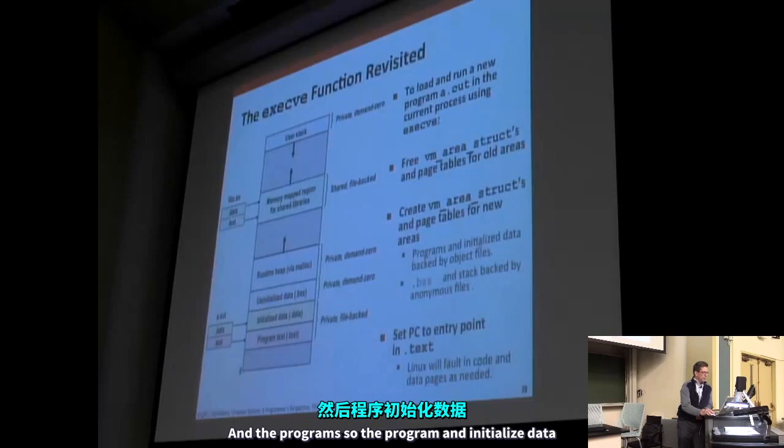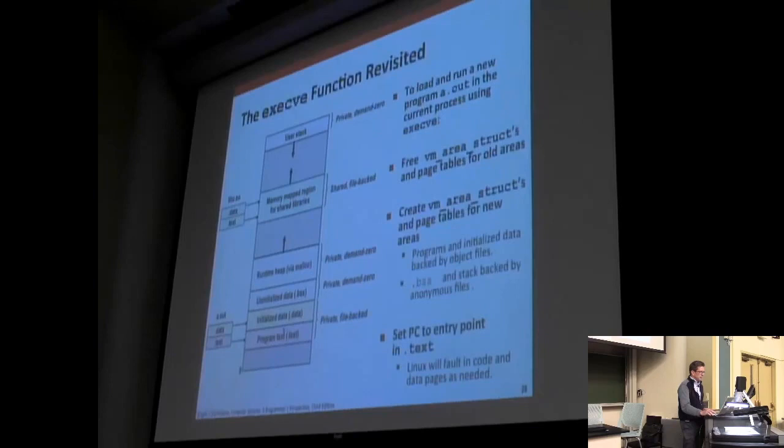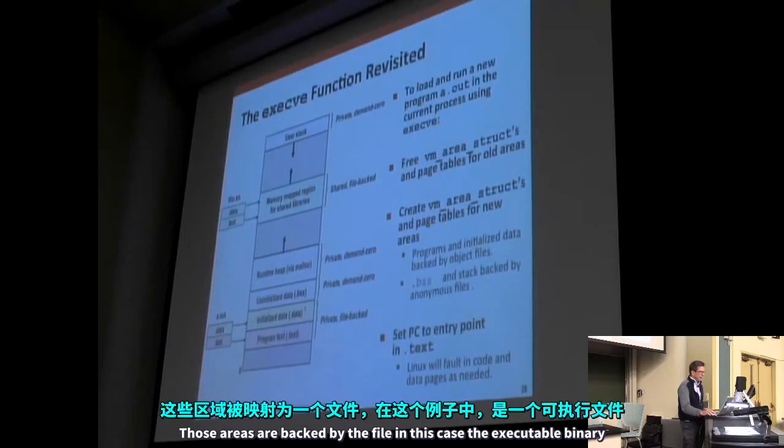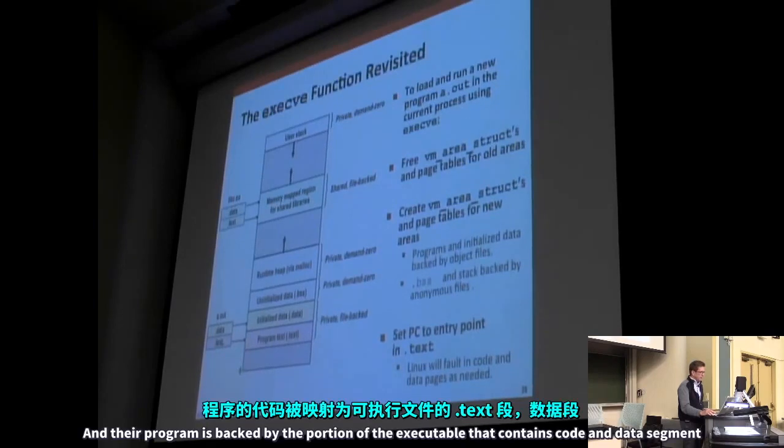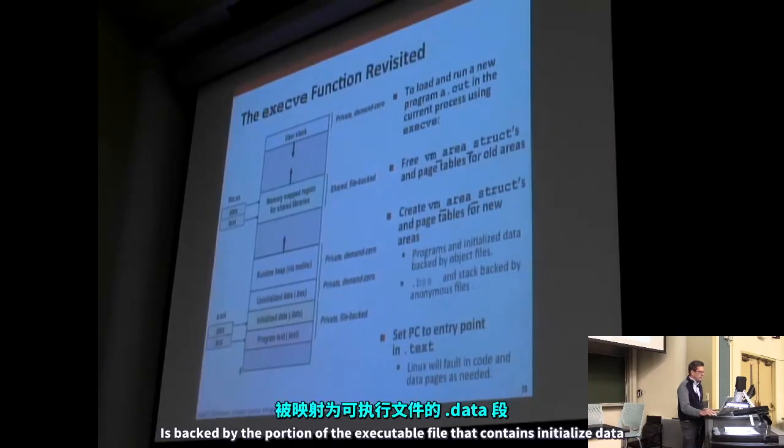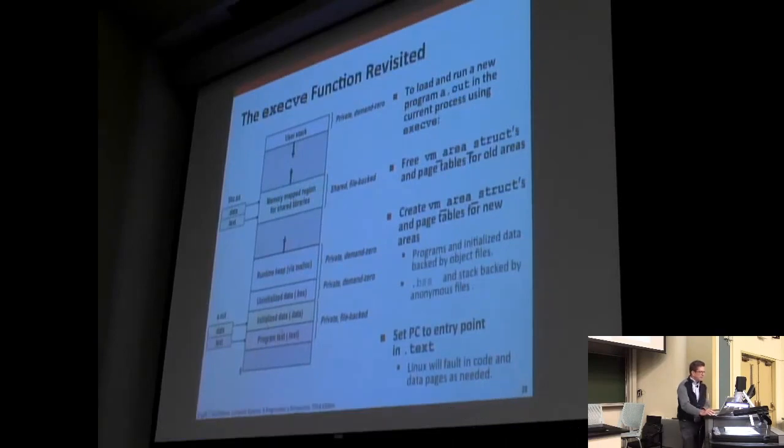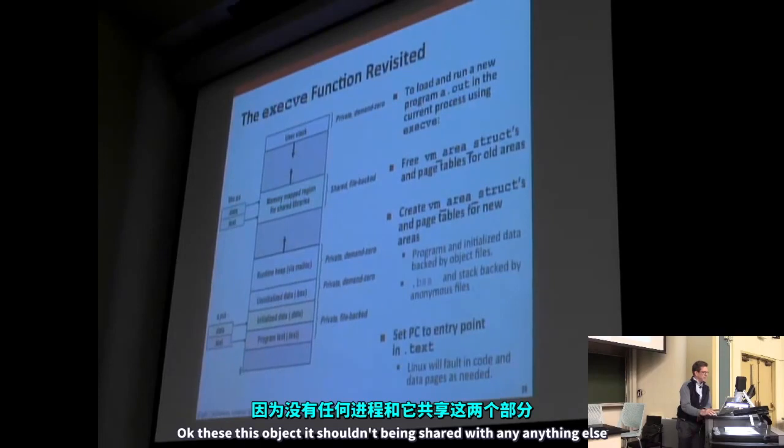The program and initialized data areas are backed by the file, in this case the executable binary. The program is backed by the portion of the executable that contains code, and the data segment is backed by the portion of the executable file that contains initialized data. So these two together are private; this object isn't being shared with anything else.